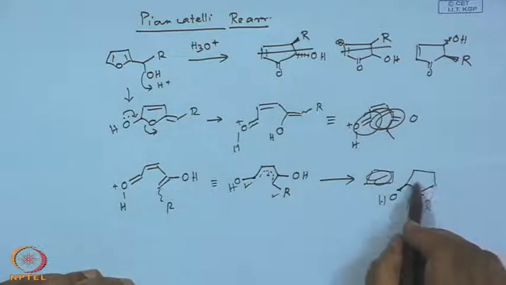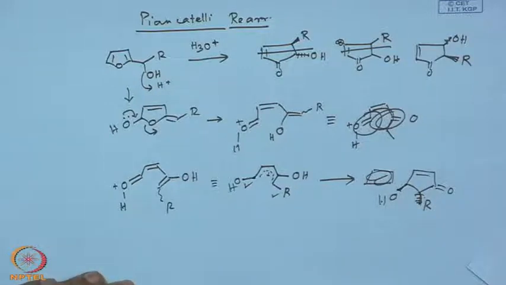The other one, of course, if you just do the electron balancing, would be an alpha beta unsaturated ketone, okay.